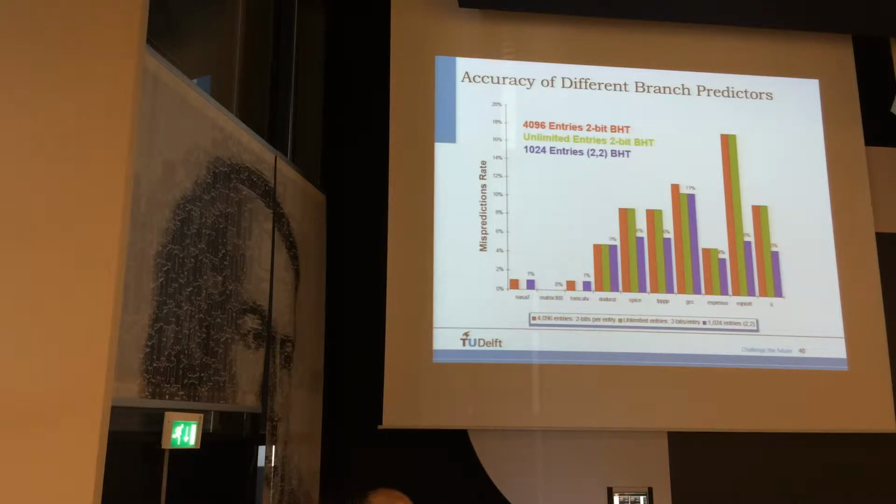Then same investment, different paradigm, is doing better. Now there is one small problem here. If I look at GCC, which is kind of representative for application and operating system, the performance is kind of the same as the infinite predictor. Then I'm not doing better.